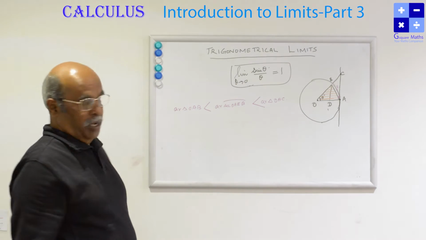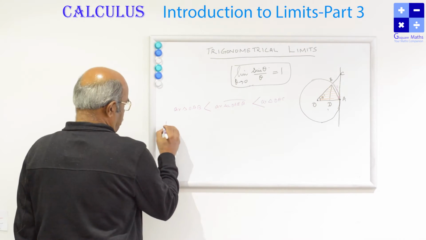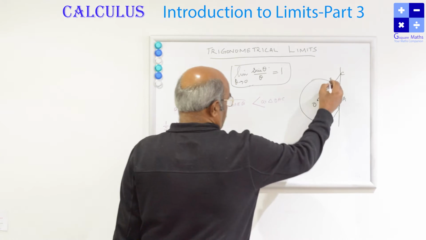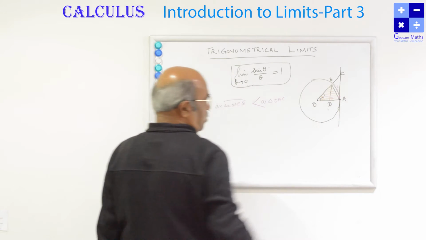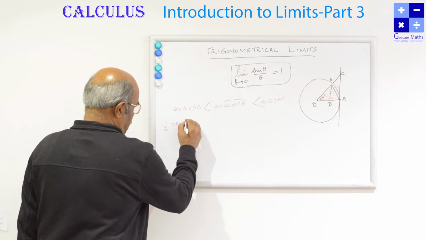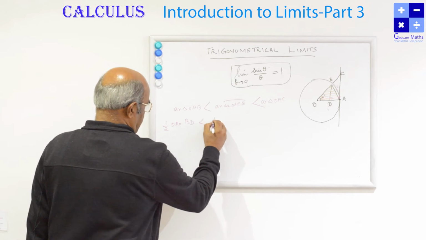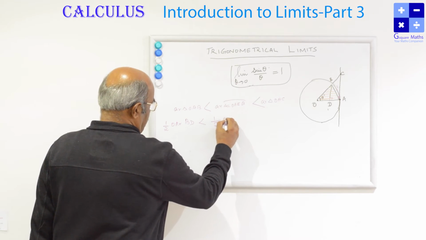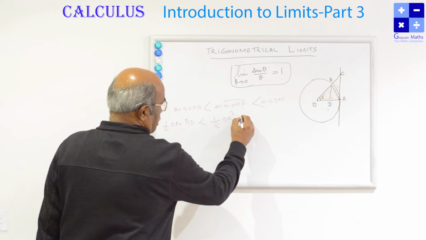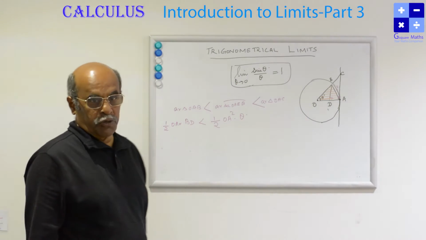Now let us write the formulas. Area of triangle OAB is half into OA into BD, where BD is a perpendicular drawn to OA, which is less than the area of sector, half into radius OA square into theta. The sector formula we know is half r square theta.